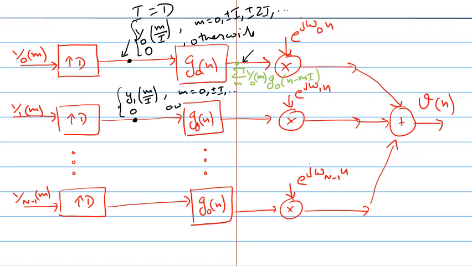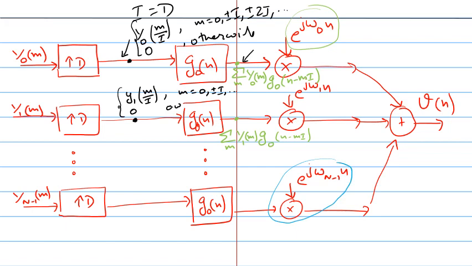Similarly at this node you will be getting summation over m y1 m g naught n minus mI. And here they are just getting multiplied with the complex exponential of j omega naught n, and so on. Lastly it is exponential of j omega n minus 1 n.